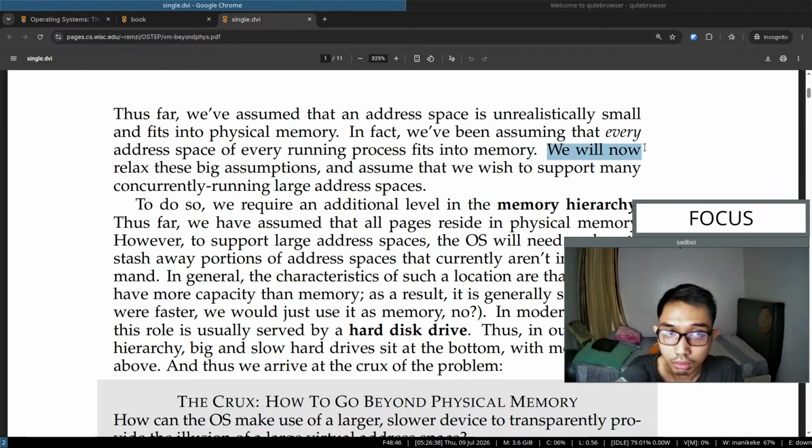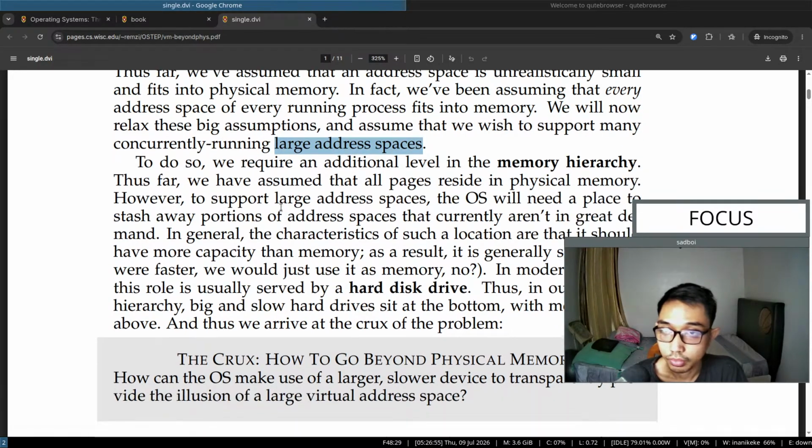We will now relax this big assumption and assume that we wish to support many concurrently running large address spaces.